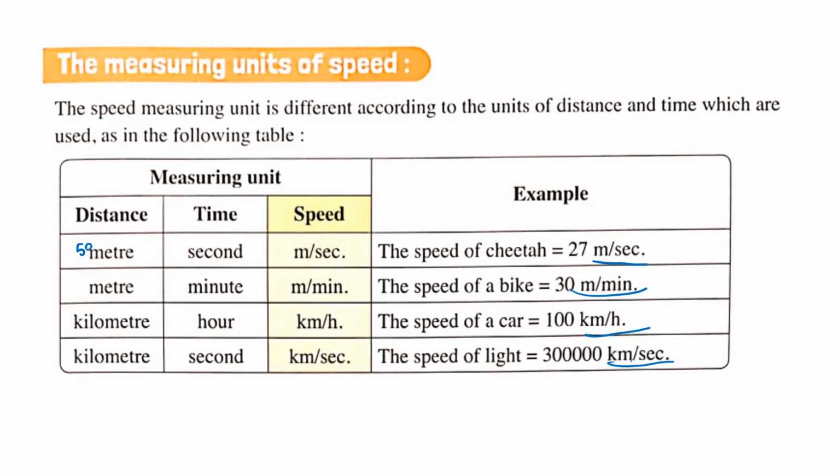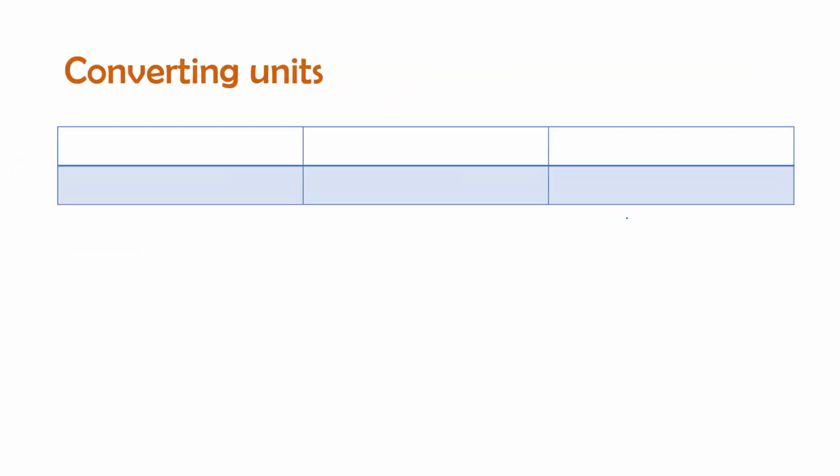How about if I am asked to calculate the speed with a specific unit? I need to know how to change from one unit to another. You took it before, so let's revise it together. Converting units. I will tell you a very easy way to convert from one unit to another. For example, I'm going to write kilometer here, meter here, and centimeter here.